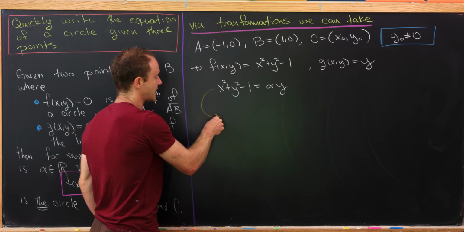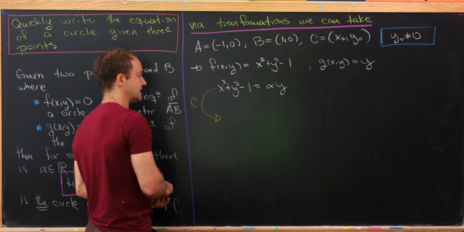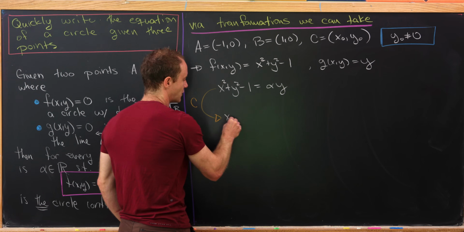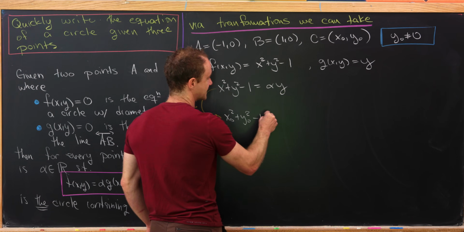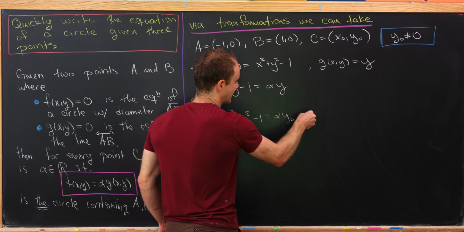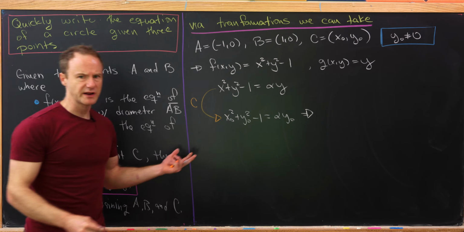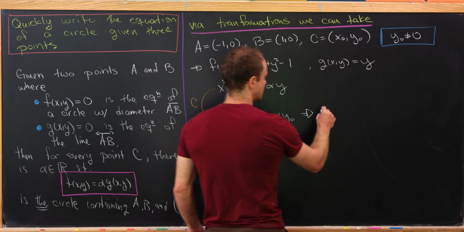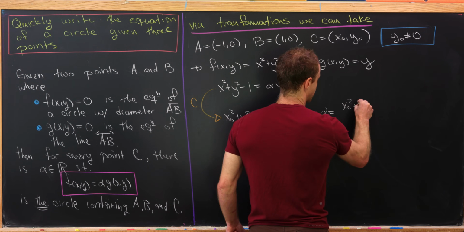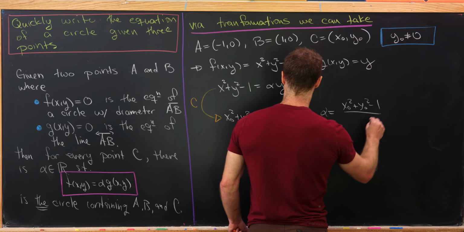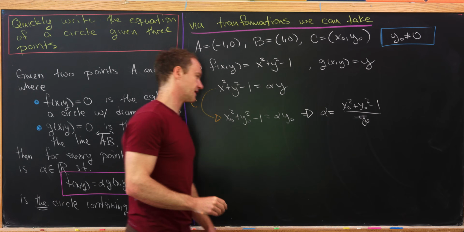Okay, so how can we do that? Well, let's plug in our point C. That'll give us this equation: x naught squared plus y naught squared minus 1 equals alpha y naught. But now we can pretty clearly solve for alpha. Notice that alpha is simply equal to x naught squared plus y naught squared minus 1, over y naught.